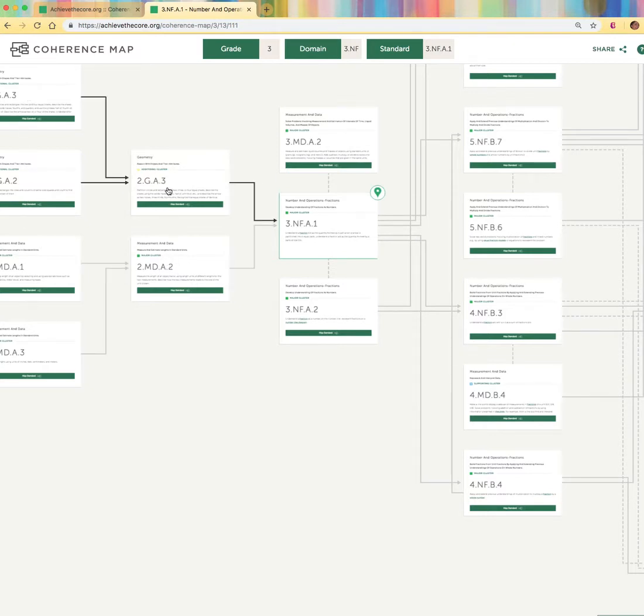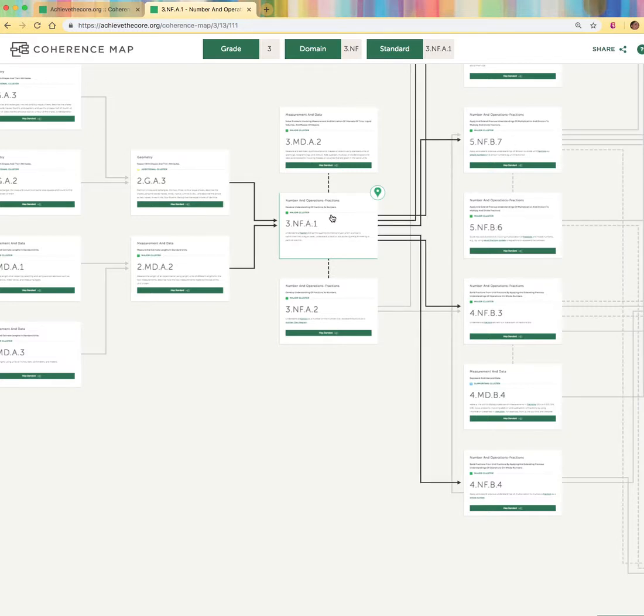So if I need even more support, I could look to the left and see what were the foundational standards for these foundational standards. When I look to the right, I see that there are a number of standards here. I notice that there's some fourth grade standards, some fifth grade standards, and then up here there's also some third grade standards that we can't see in this view.